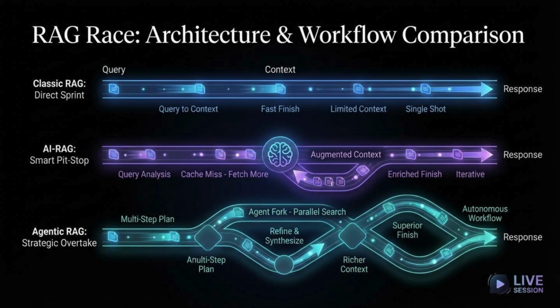Finally, Agentic RAG, which is a strategic overtake. Instead of following a fixed path, the system creates a multi step plan. The agent can fork into parallel paths. One path searches for information, another refines the query, another synthesizes results. All of this produces a much richer context.